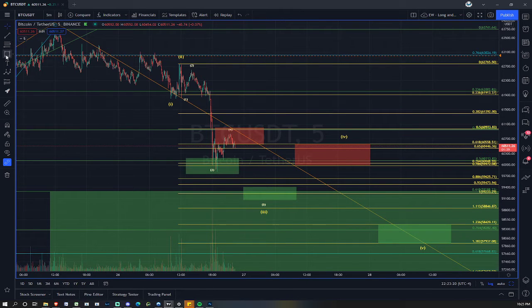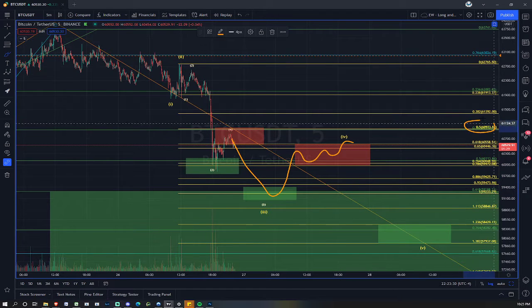But if we see something like this happen, where we come down into this region here, and then bounce up here into this region, and we do not surpass 60.9, or let's just call it 61. As long as we don't surpass 61K, I'll expect further downside, right?